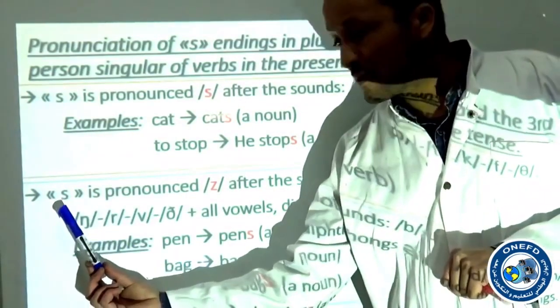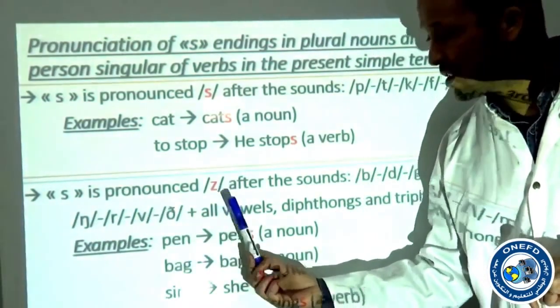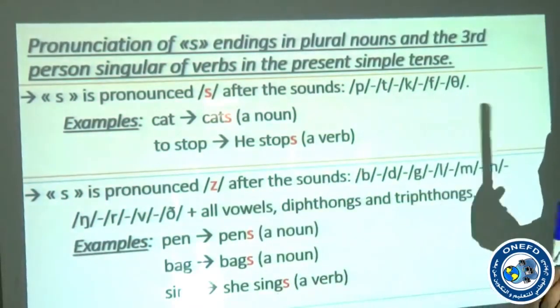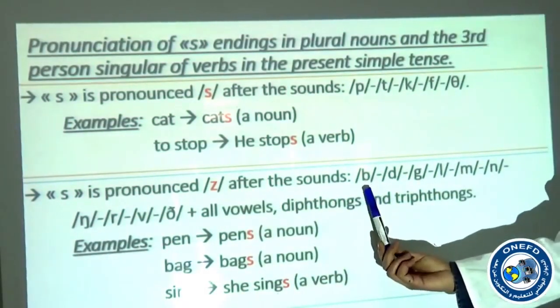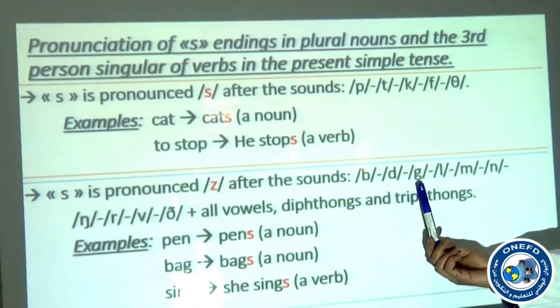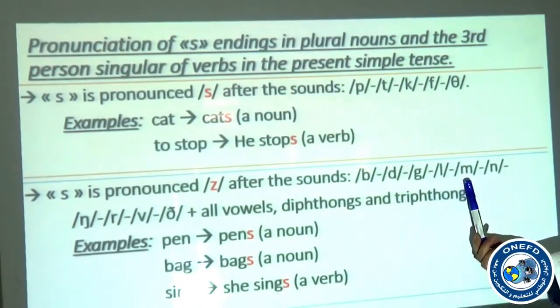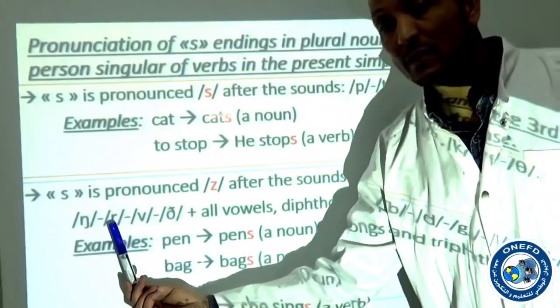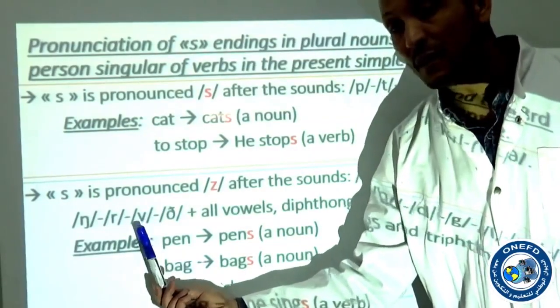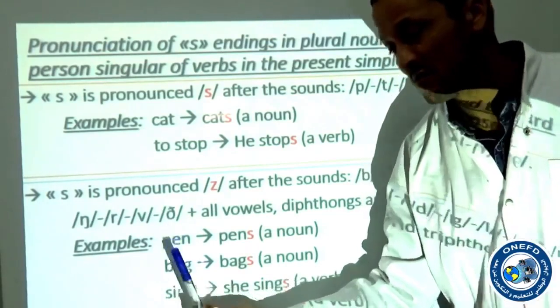Now, the letter S is pronounced Z after the sounds B, D, G, L, M, N, R, V, and the.